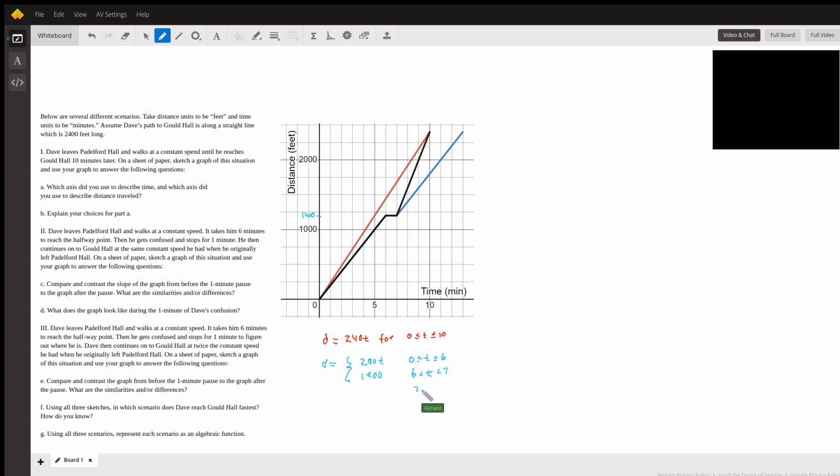And then at 7, he's continuing at his earlier speed, which is 200. And we just need to adjust the intercept here. And that's going to be, let's just find that.